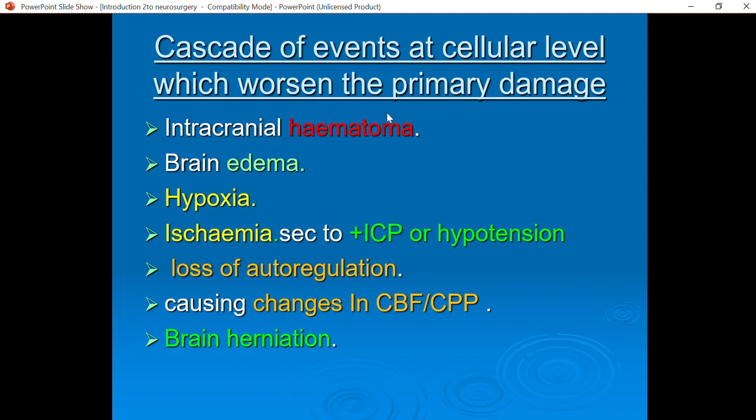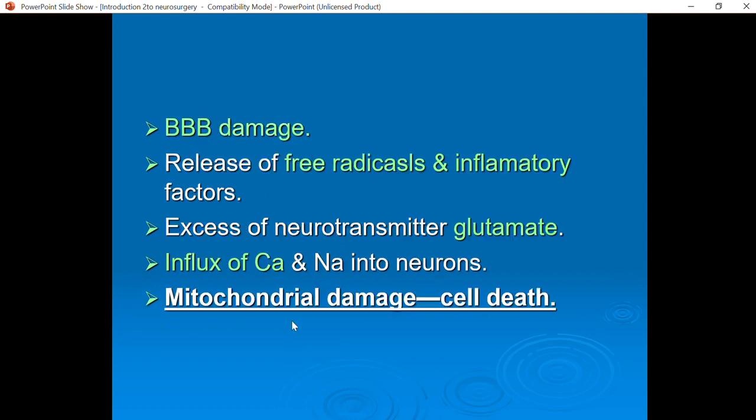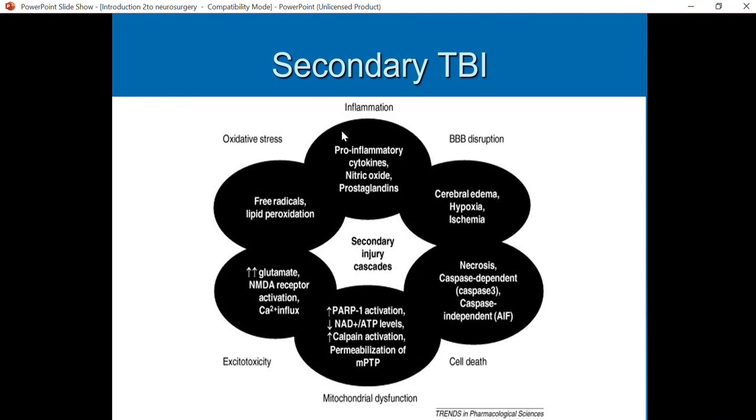Around the hematoma or contusion, there will be secondary edema, hypoxia, ischemia, rise in the ICP, loss of autoregulation, changes in the cerebral blood flow, cerebral perfusion pressure, brain herniation, damage to the blood-brain barrier, release of free radicals, influx of glutamate and calcium into the neurons, and ultimately the death of the neurons. This is the cascade of events in secondary traumatic brain injury.